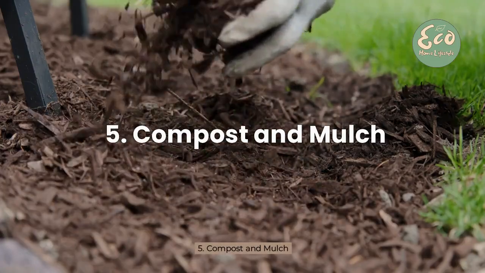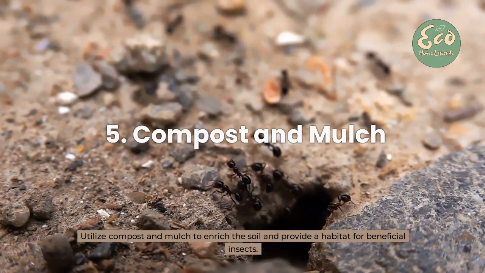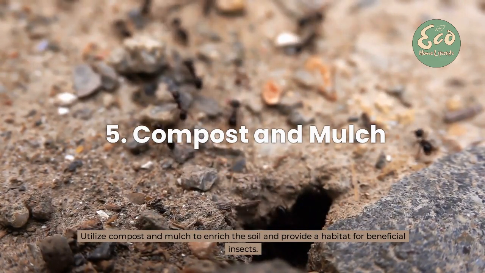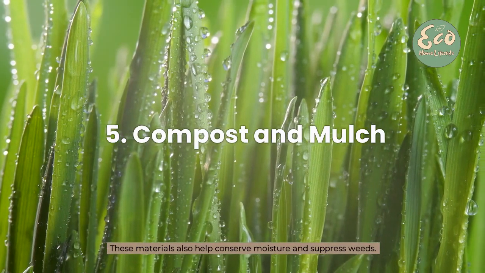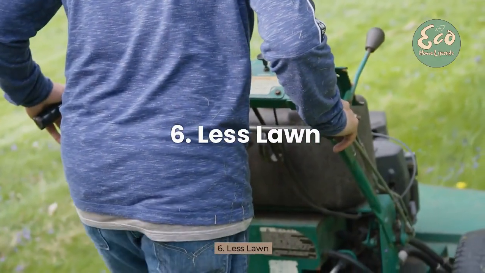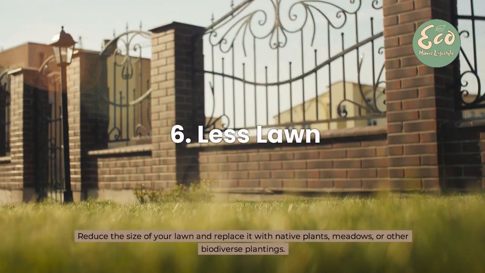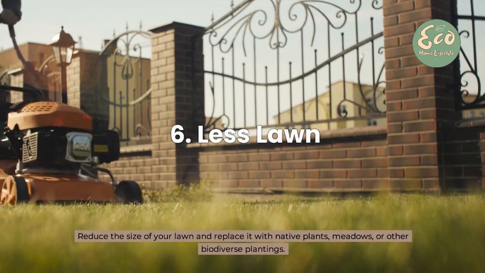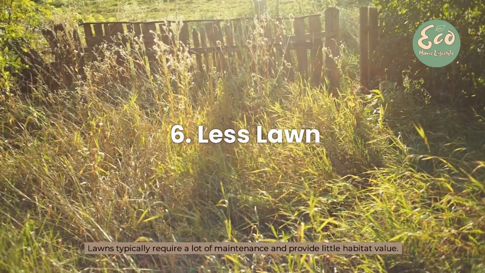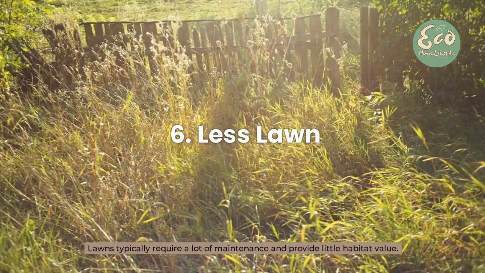Compost and mulch. Utilize compost and mulch to enrich the soil and provide a habitat for beneficial insects. These materials also help conserve moisture and suppress weeds. 6. Less lawn. Reduce the size of your lawn and replace it with native plants, meadows, or other biodiverse plantings. Lawns typically require a lot of maintenance and provide little habitat value.